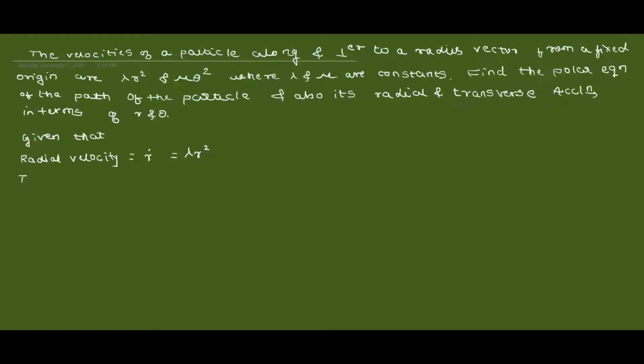Perpendicular means transverse velocity. What is the formula for transverse velocity? The transverse velocity formula is r theta dot, and r theta dot is equal to mu theta square, where lambda and mu are the constants.